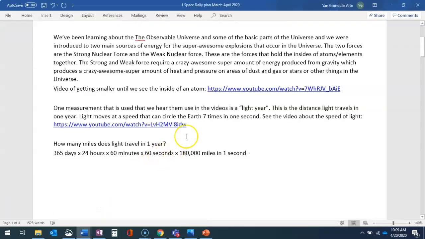So you guys have been learning about the universe, parts of the universe. We've been learning about basic parts. And last week we ended with the 2 main sources of the energy for the super awesome explosions that occur in the universe. The 2 forces are the strong nuclear force and the weak nuclear force. These are the forces that hold the insides of atoms together, or elements.